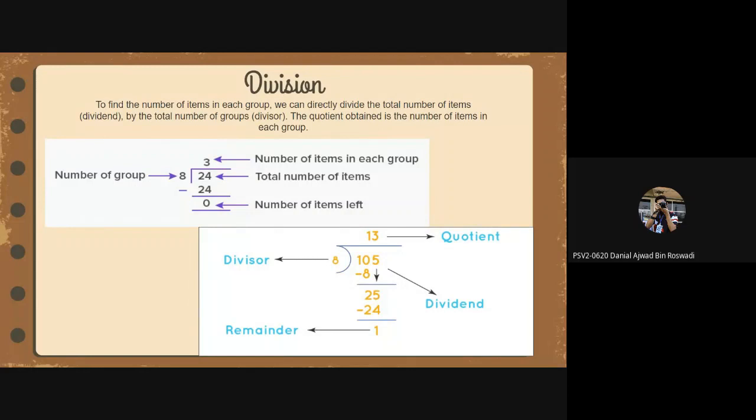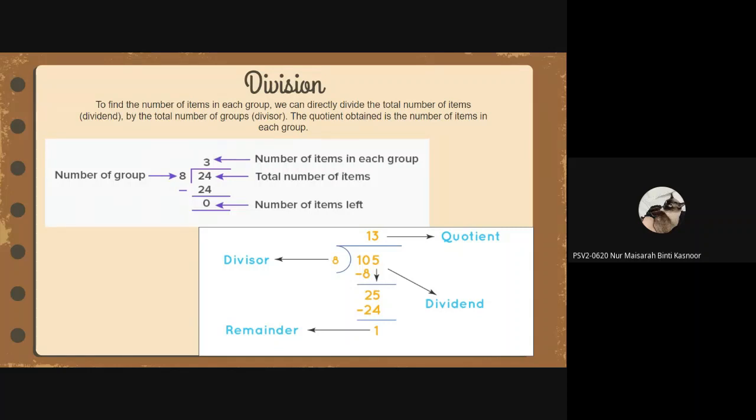I will pass to Maisara. Next division is to find the number of items in a group. We can directly divide the total number of items by the total number of groups, the divisor.